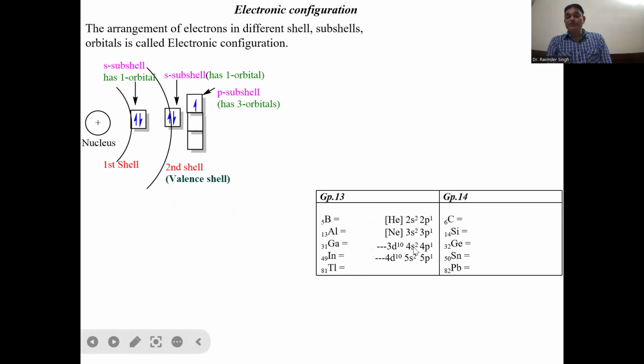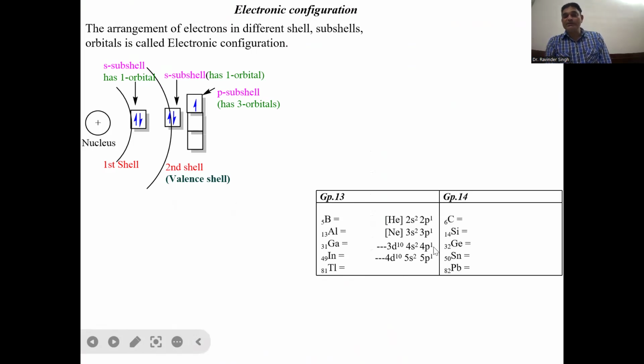In the fourth shell, you all know the orbitals are 4s, 4p, with electrons 4s2, 4p1, but the vacant ones are 4d and 4f. And that 4d becomes filled in the next element, that is indium, atomic number 49. That's why we have written 4d10, 5s2, 5p1, right?